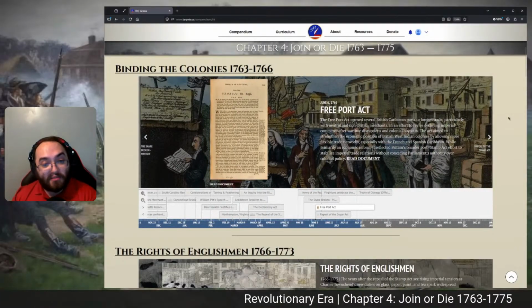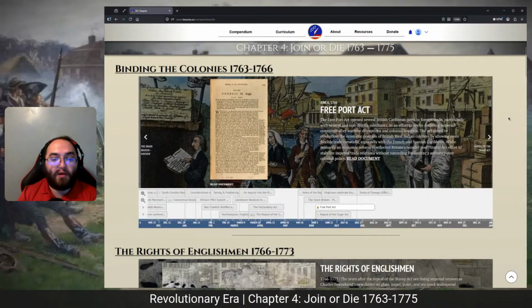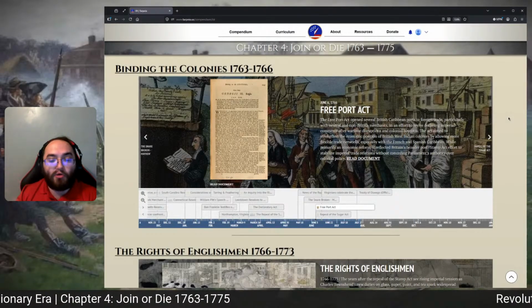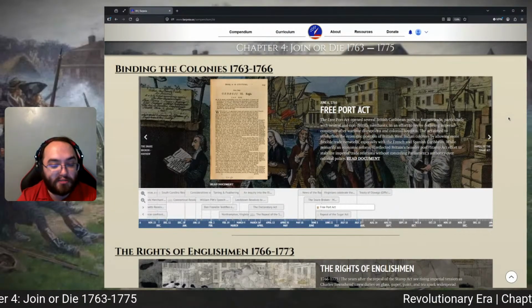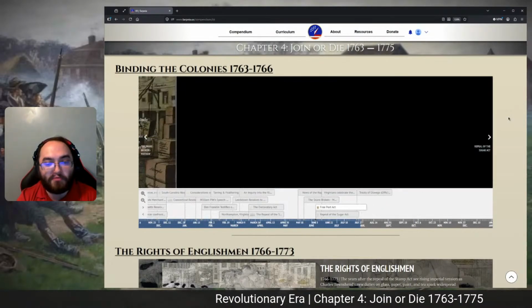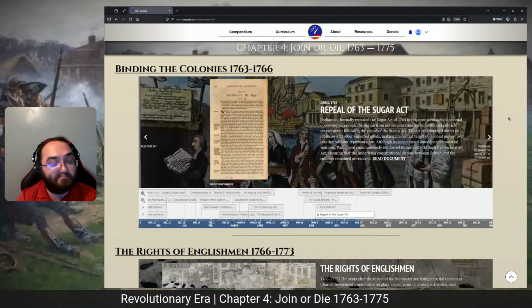Also, a policy of Rockingham is the Free Port Act, which opened up trade. So this undermines the Currency Act, or the Sugar Act. And in fact, the Sugar Act itself will be repealed on the same day.